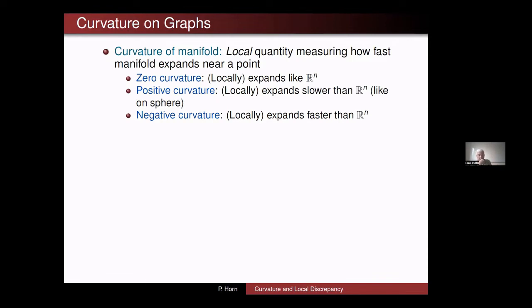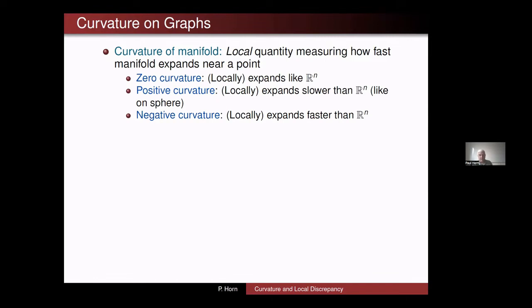So curvature on a manifold is a local measure of expansion. So a manifold kind of locally looks like n-dimensional Euclidean space, and the curvature is measuring how it is expanding compared with that n-dimensional Euclidean space that it looks like.